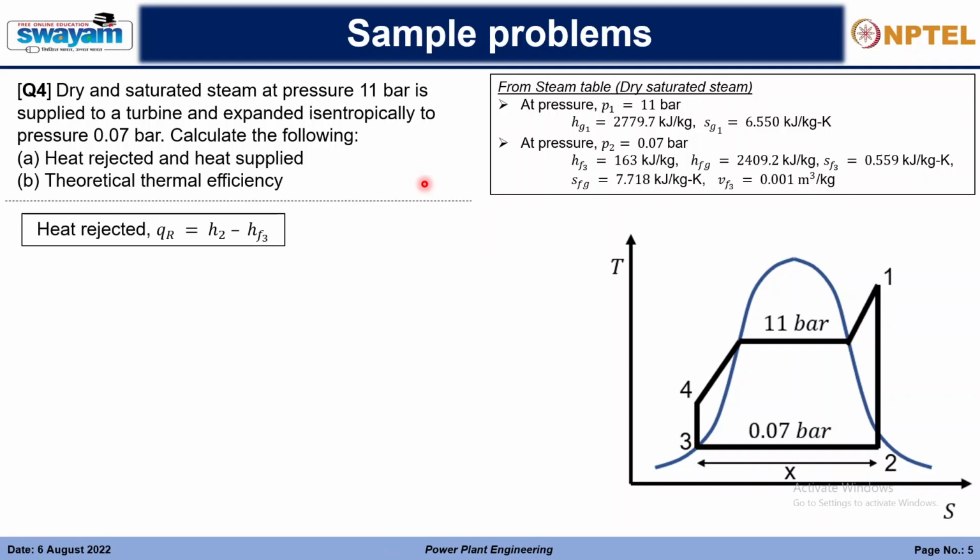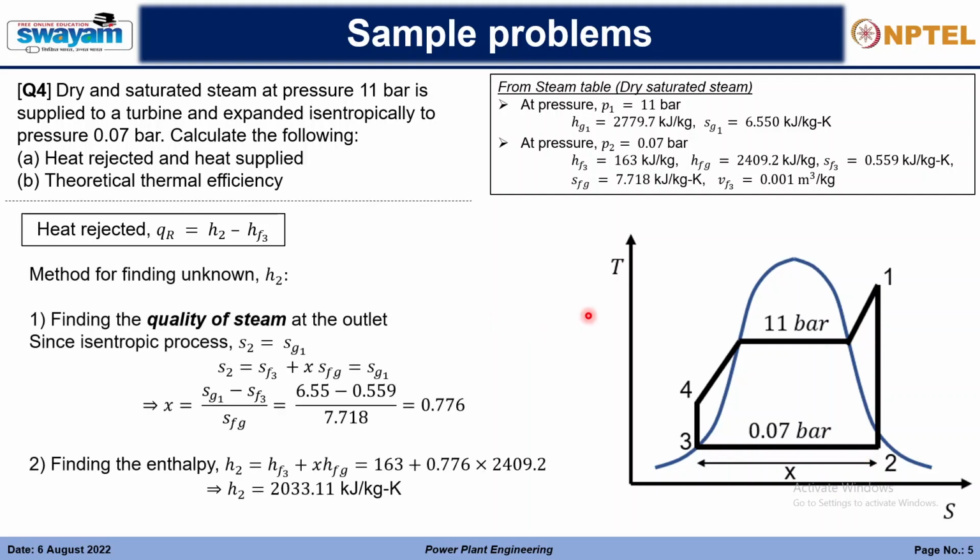So heat rejected basically is H2 minus Hf3, because this is the condenser section, and we'll be using this method to find the unknown H2. You might be knowing that H2 is not being provided, it is a wet steam condition.